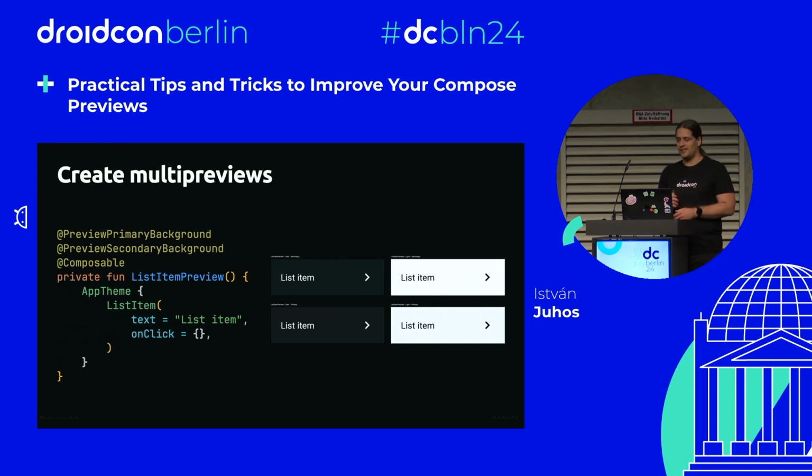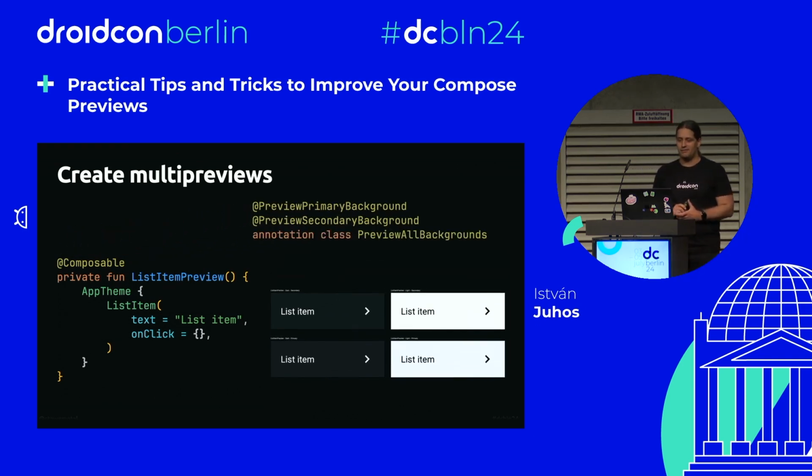The funny thing is that even these multi-preview annotations can be used as annotations on another multi-preview annotation. So we can even group these together to have only one of these super preview annotations. Again, great thing if you want to handle preview configuration in your project in one place.